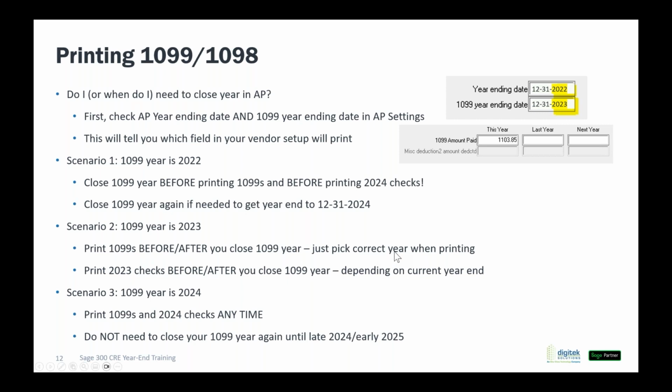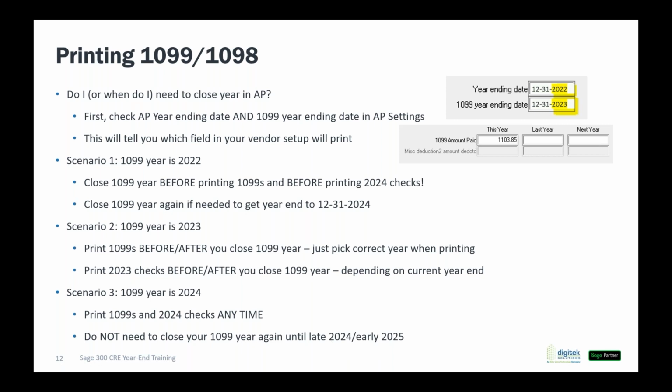Just pick the correct year when printing. You can print 2024 checks before or after you close your year, depending on your current year end. Scenario 3, you've closed your year. So now your 1099 year is 2024. Great. Print 1099s and 2024 checks anytime. You won't need to close your year for 1099 year again until late 2024 or early 2025.